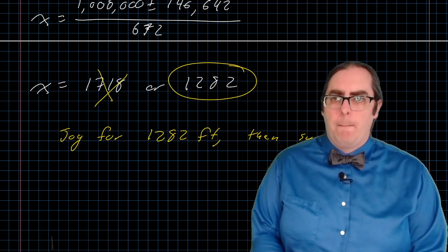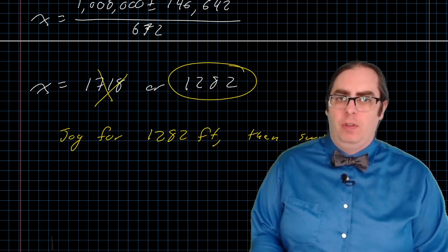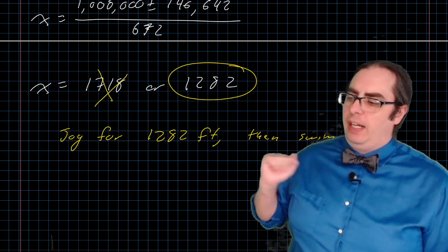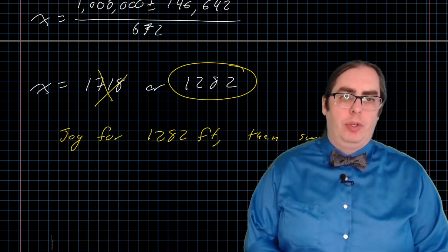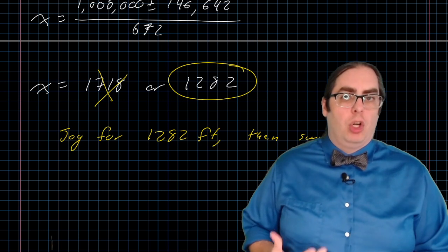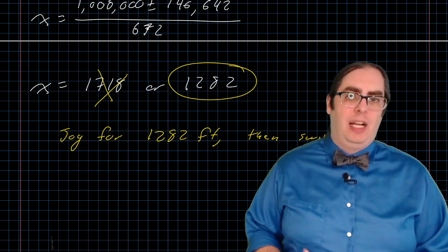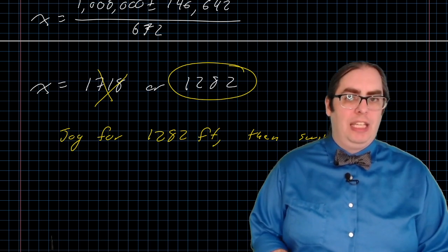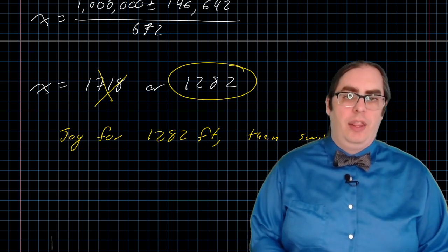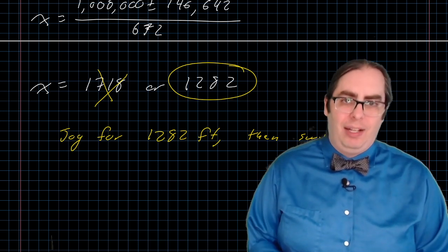Think about what we have, think about what there is left to test in order to verify that jogging for 1,282 feet is the correct answer. What other answers are still possible that we haven't ruled out yet? And then take the time to rule those out and show that they give longer times than this one. All right, see what you can do with that one, and I'll see you in the next video.